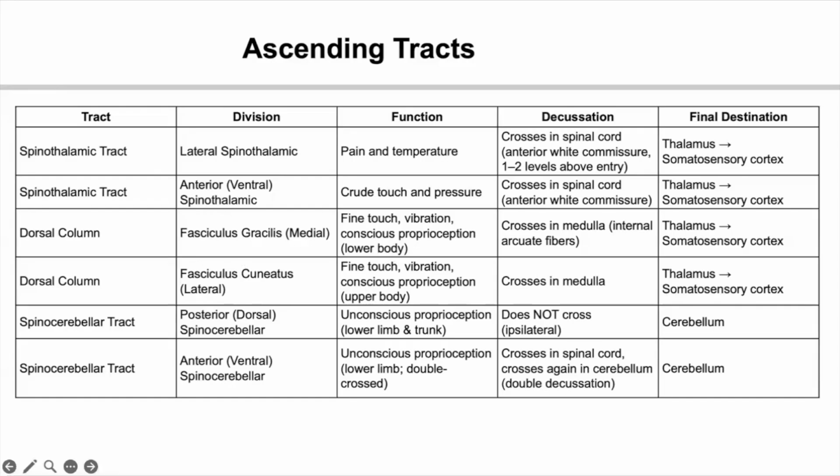It consists of first order nerves that travel ipsilaterally, that is, in the spinal cord it travels on the same side to the medulla, and in the medulla oblongata it crosses. Since it goes on the same side of the spinal cord, it's known as ipsilateral.